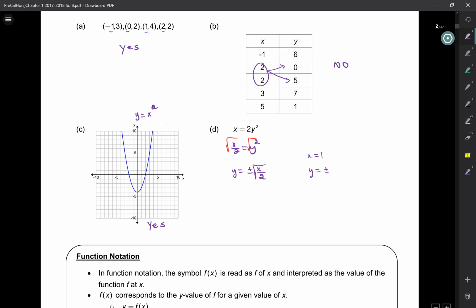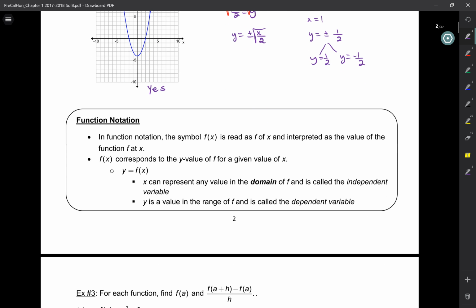Y is plus or minus the square root of 1 over 2. That means for x equals 1, y is equal to positive root a half, and y is equal to negative. So for each x value that you put in, you get back 2 y values, and that can't be. Okay? So y can never be squared. Correct, in relation to x, yeah.